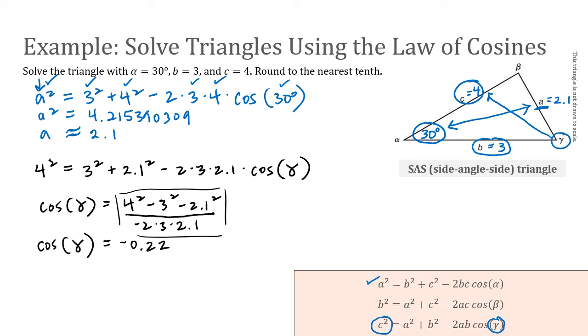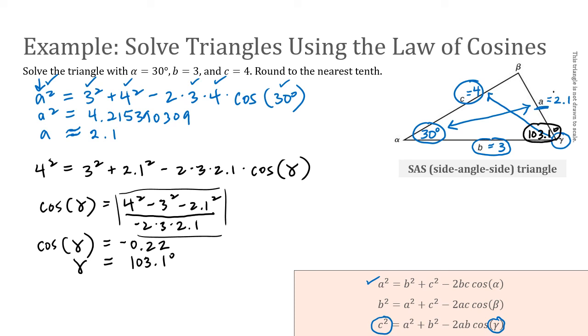And when I do inverse cosine of each side, I got that gamma was approximately equal to 103.1 degrees. Let me write that in. So I'm almost there, aren't I?